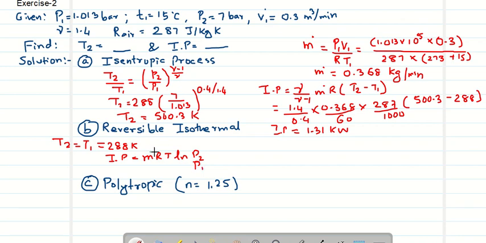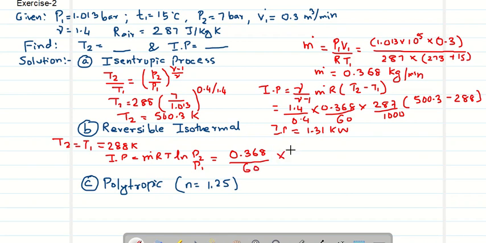I will take mass flow rate to get the answer in kilowatt because we are looking to find the power. So again, mass flow rate is 0.368. I am going to divide by 60 to make it kilogram per second.